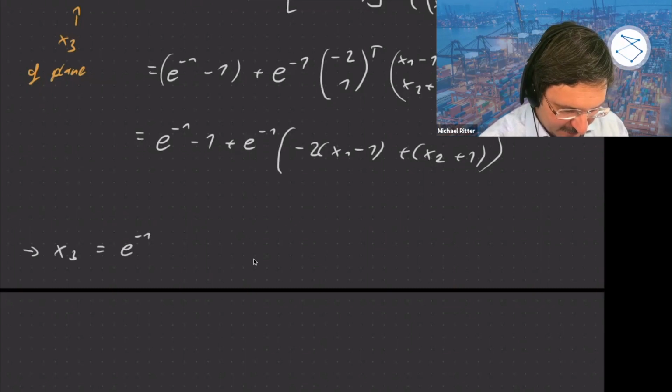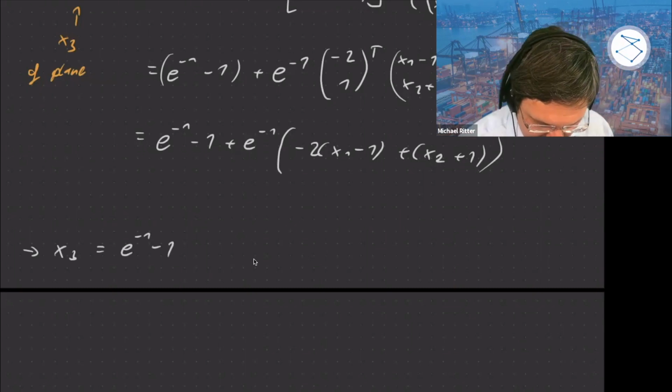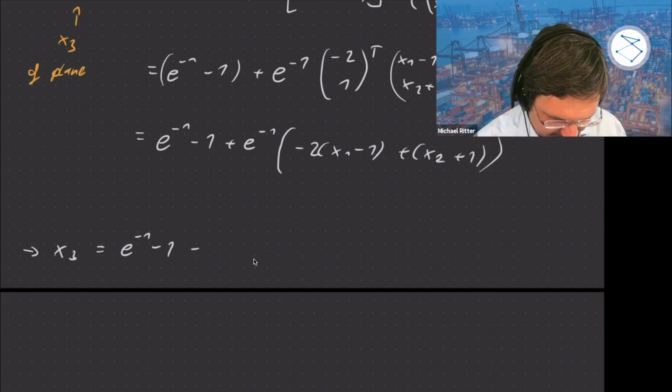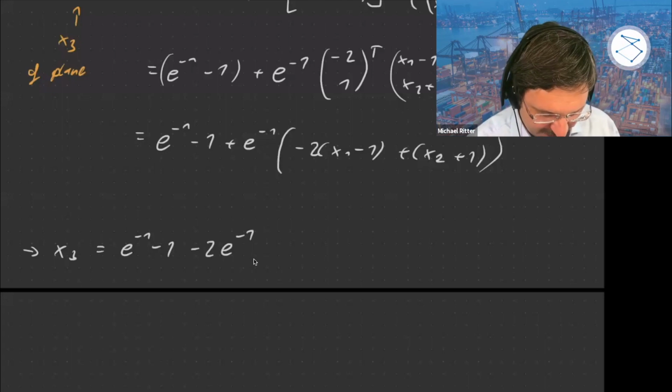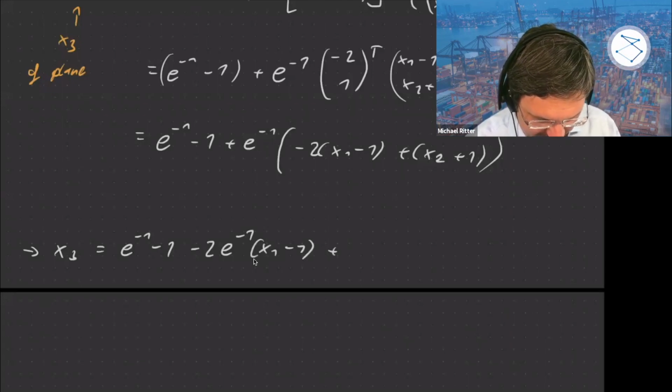So what we get here is x3 equals e to the minus 1 plus, let's collect that right away, 2 times e to the minus 1, x1 minus 1, plus e to the minus 1, x2 plus 1. And now we need to collect all the x1s and all the x2s and all the x3s.